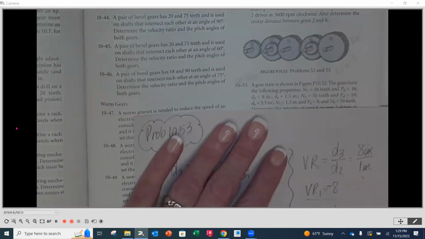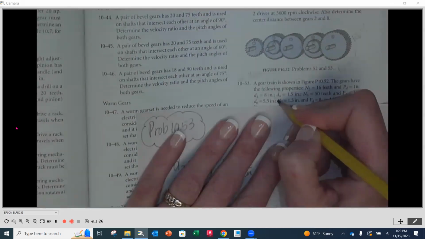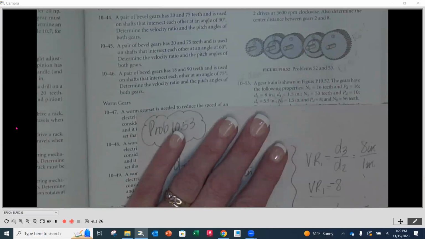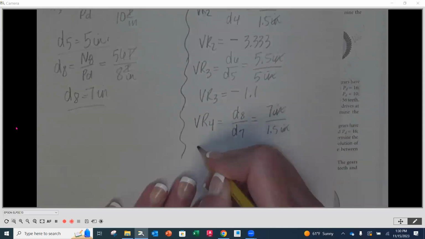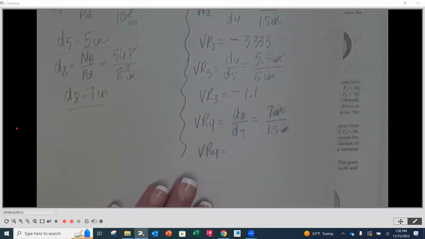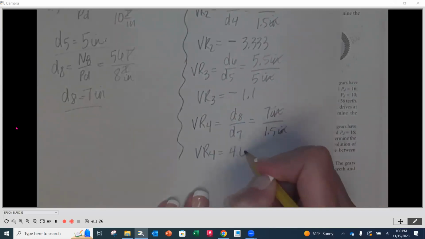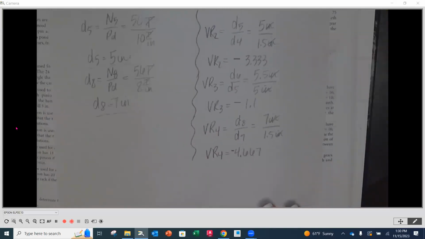That should be D7, not N7. D7, so 1.5 here. Inches cancel out. And then VR4 is going to be 4.667, and then put a negative in front. So in case you need time to catch up.